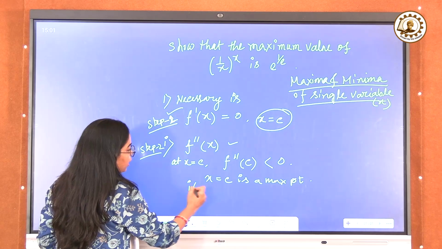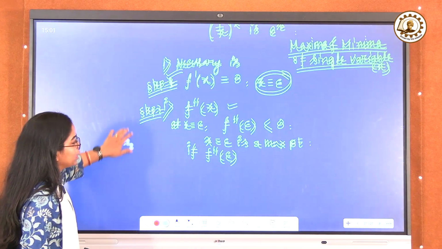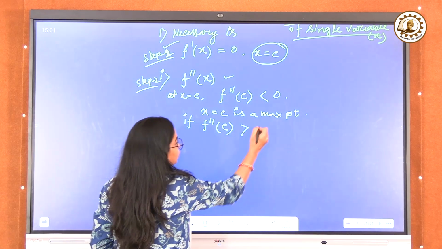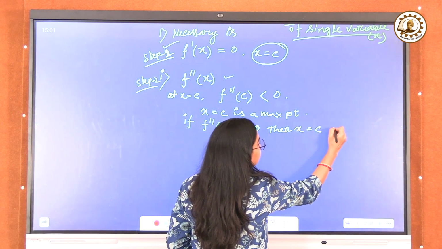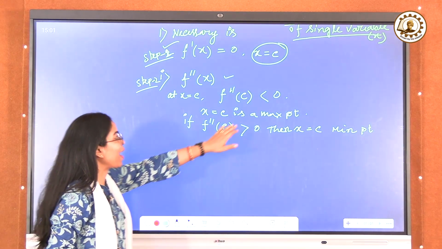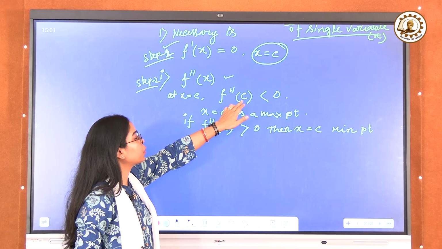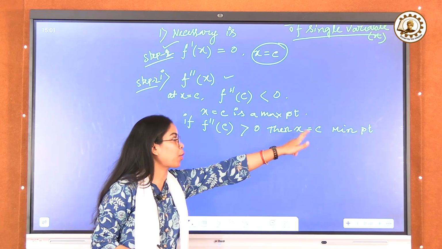And if the second order derivative at x = c is greater than 0, then x = c will be a minimum point. The function has maximum value at this point and minimum value at that point.